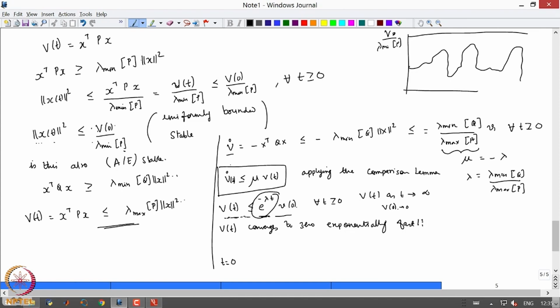Now, if V of t converges to 0 exponentially fast, how are V and x related? From the relation, if V goes to 0 exponentially fast, then x of t will also converge to 0 exponentially fast.